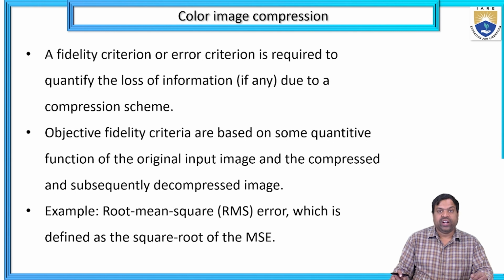A fidelity criterion or error criterion is required to quantify the loss of information, if any, due to a compression scheme. The objective fidelity criteria are based on some quantitative function of the original input image and the compressed and subsequently decompressed image.